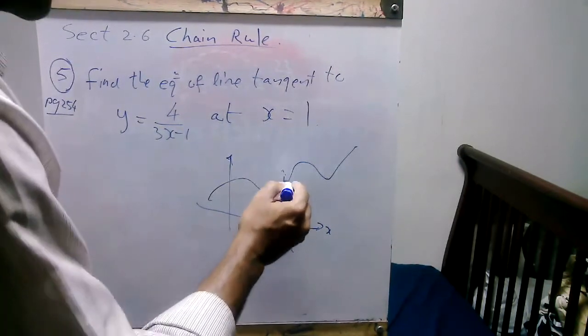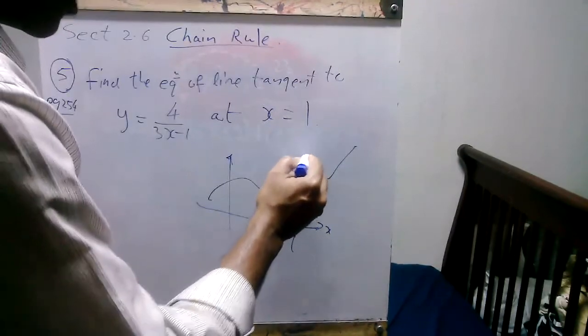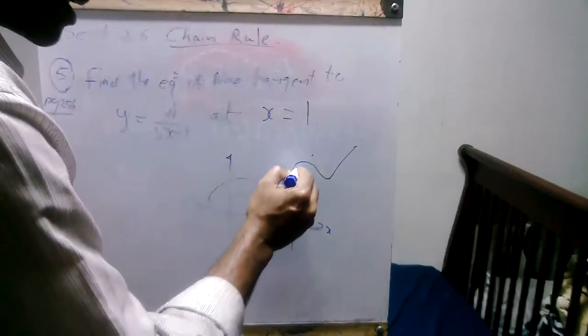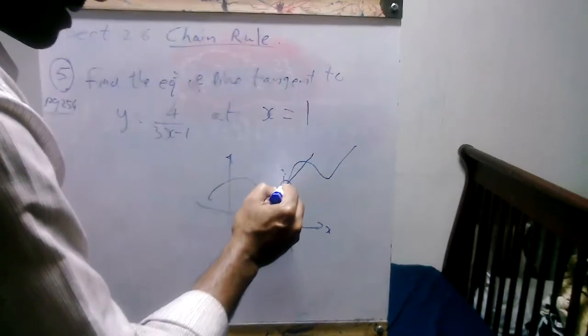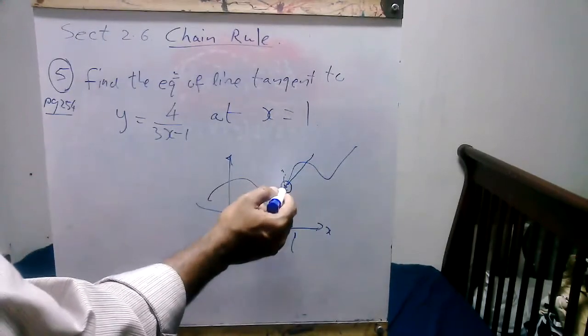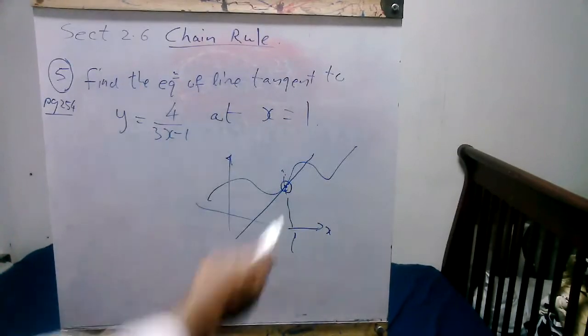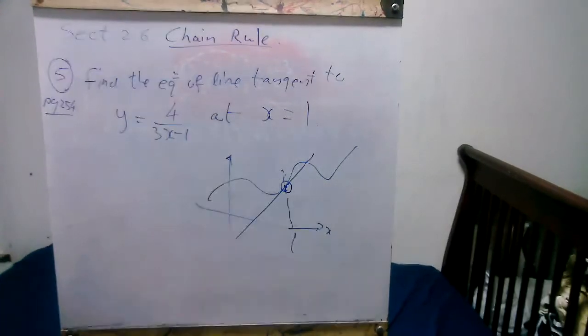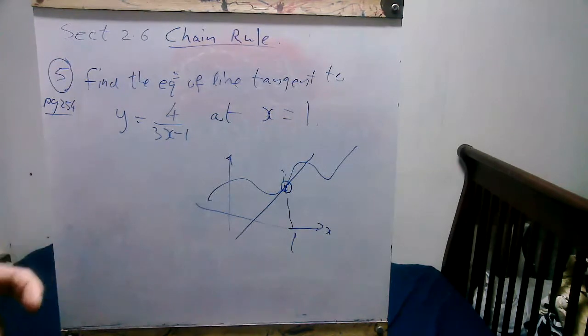What we want to find is the equation of the tangent line. I'm going to draw a tangent line here, a line touching this point and tangent to this curve at x equals 1, right? So I hope the question is clear to you now.